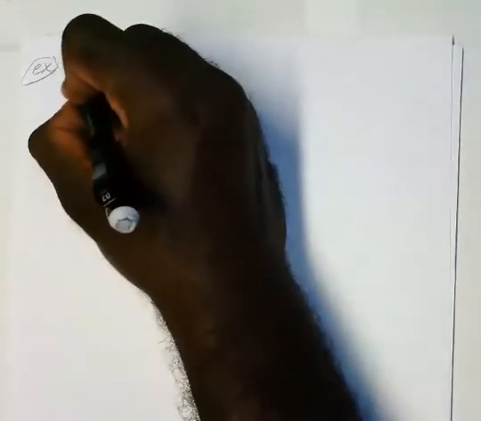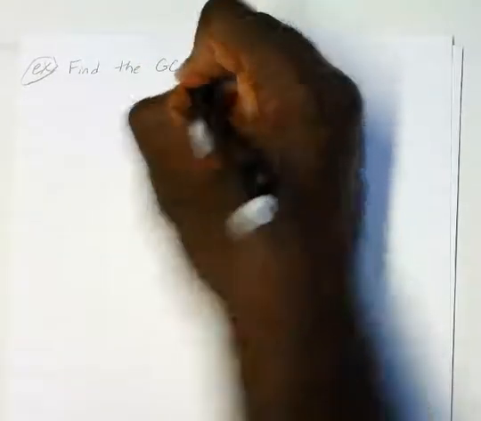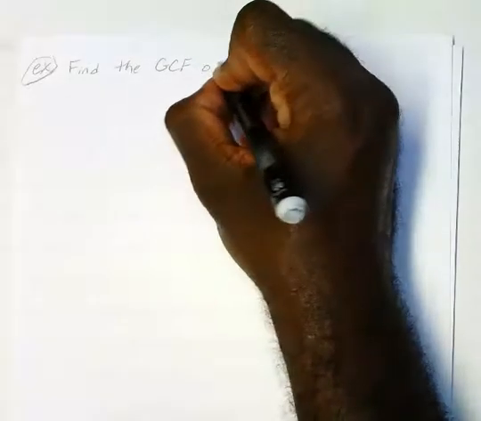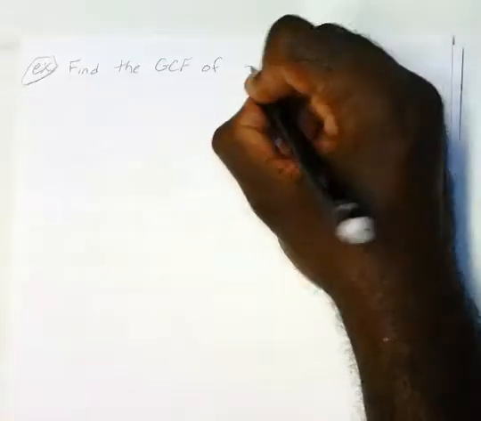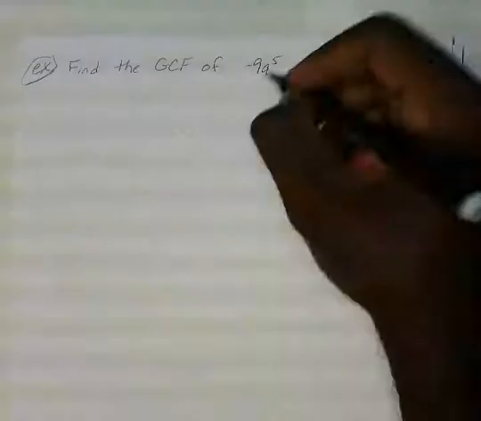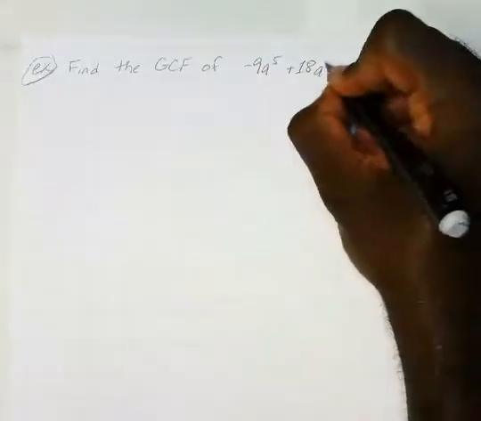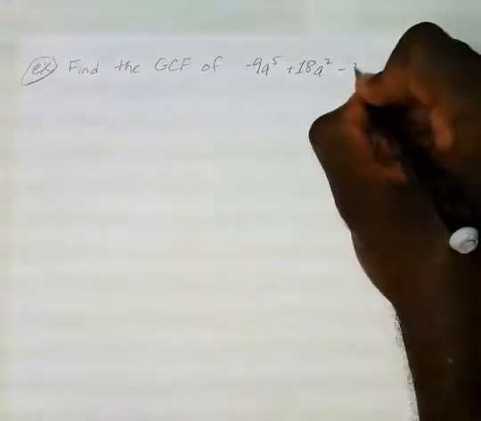Okay, so what if we wanted to find the greatest common factor of negative 9a to the 5th power plus 18a squared minus 3a?